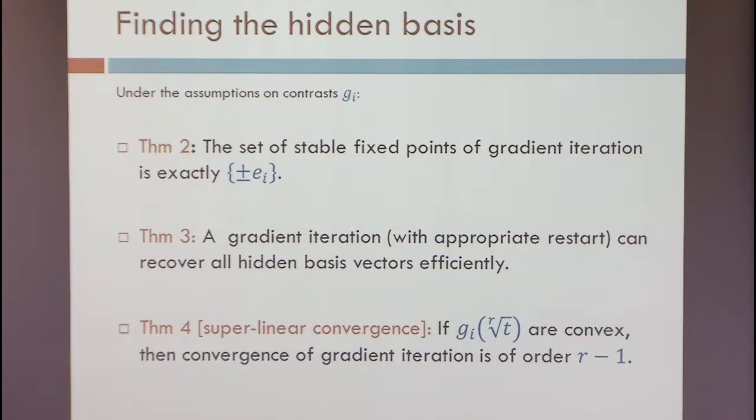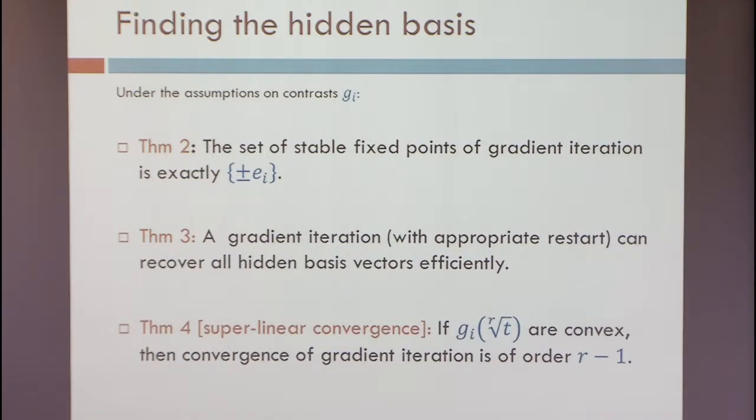Second, a gradient iteration. And here I am sort of cheating a little bit because you have to do some sort of intelligent restart. You can recover all hidden bases efficiently, and I'll talk a little bit more about what this means in a second.